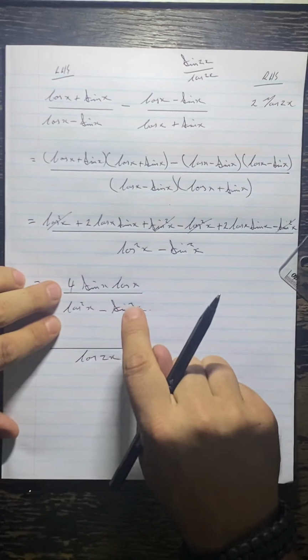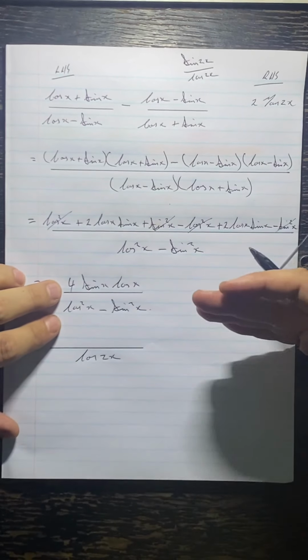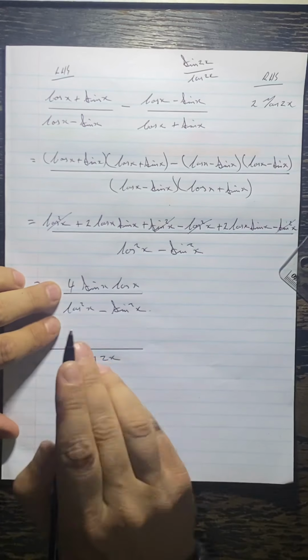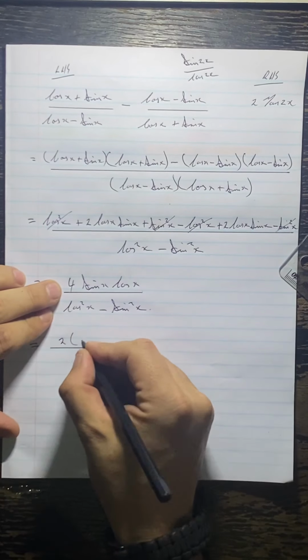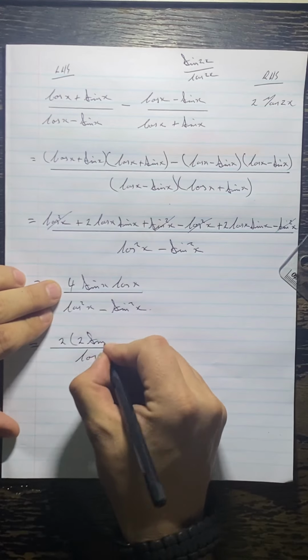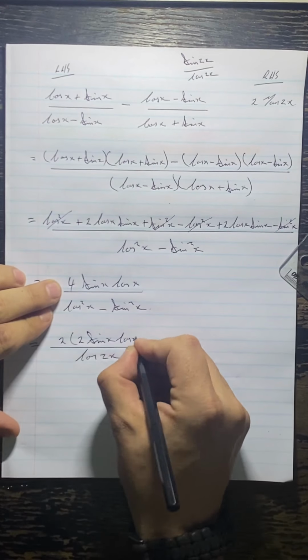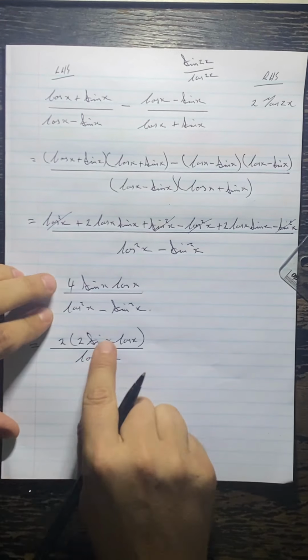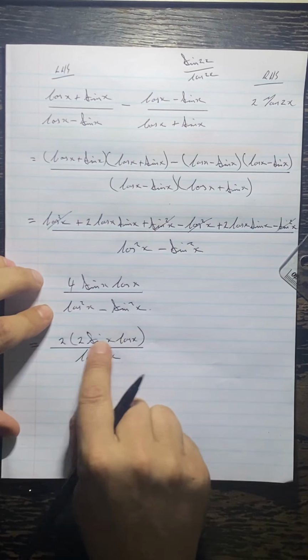My sine double angle is going to be 2 sin x cos x. So I can say that this is 2 times 2 sin x cos x. That is my sine double angle.